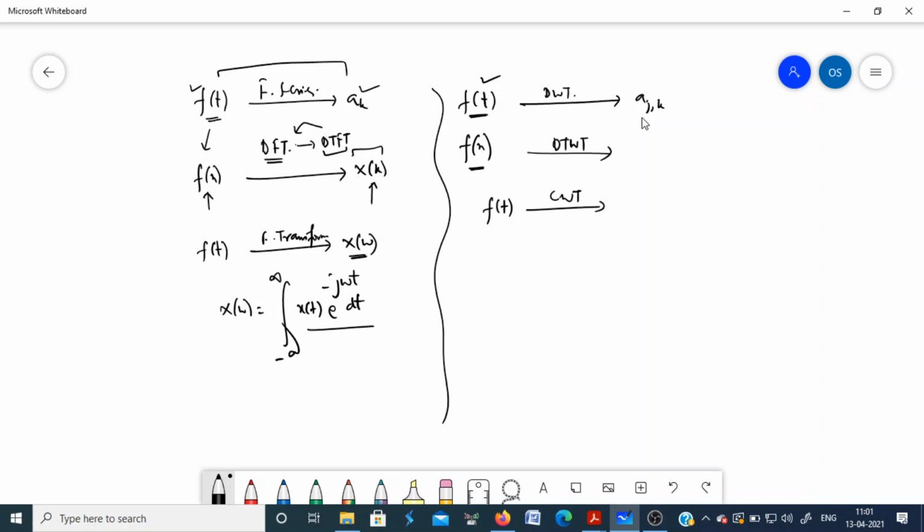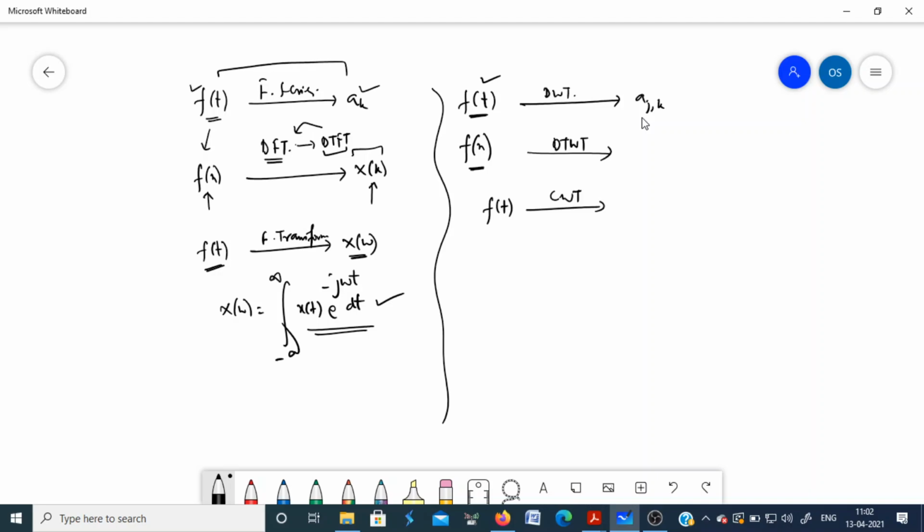And if you have an aperiodic function f of t, and you want to convert this into the frequency domain, you can find its Fourier integral or Fourier transform, a continuous function of frequency. Similarly, if you want the wavelet transform to be a function of continuous parameters, the translation and the scale, if they are continuous, not discretized, we get the continuous wavelet transform.